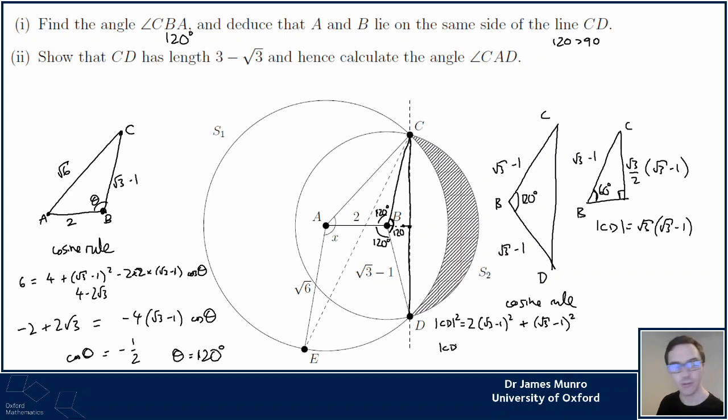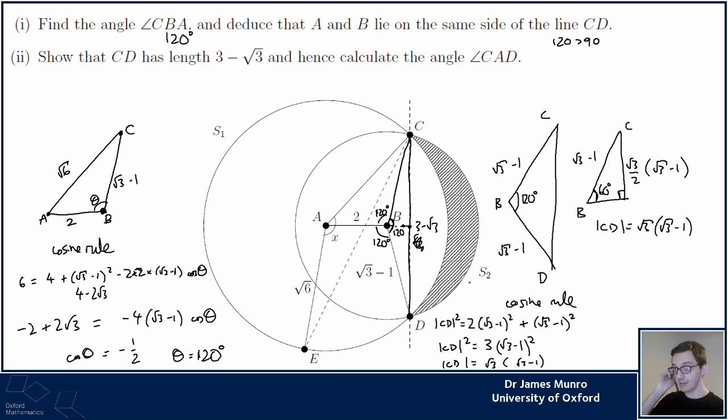Okay, so I'll say that CD squared is going to be (3 root 3 minus 1) squared, so CD, if I take that square root, it's going to be 3 minus root 3. The length of CD is positive, which is the same as before. Okay, so now we found the length CD as 3 minus root 3.